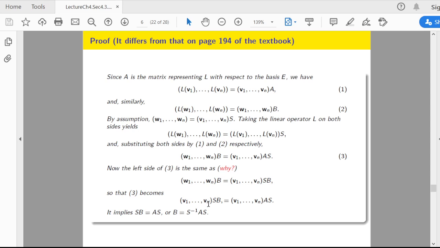This is an ordered basis, so that we can say SB should be the same as AS, because V1, V2 to Vn are linearly independent.